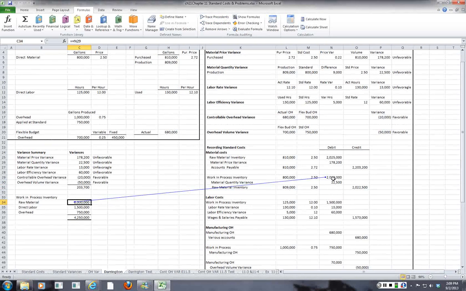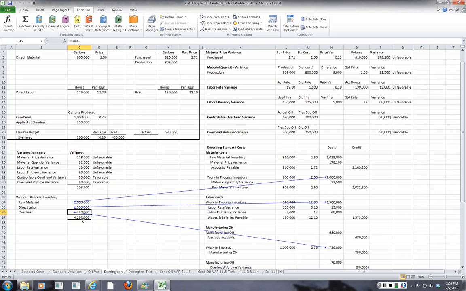The work in process for raw material, and the work in process for direct labor. These are cost figures here, and overhead is here, and they're all in there at standard. So that's $4,250,000.